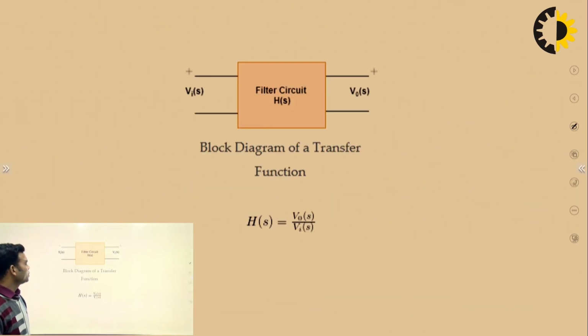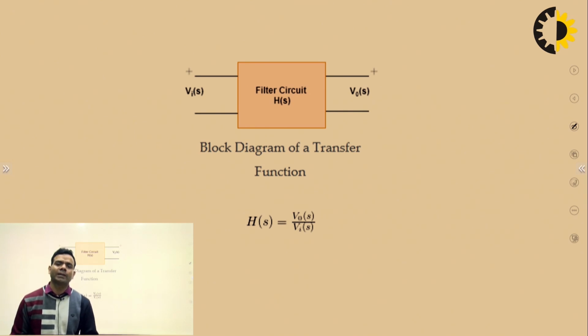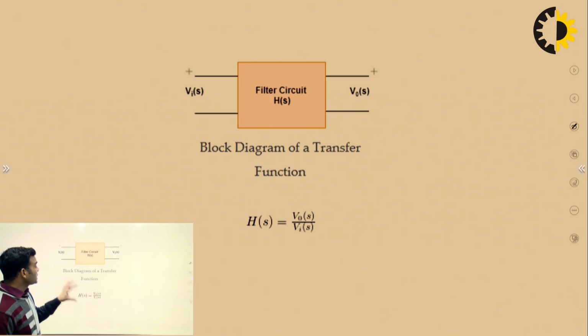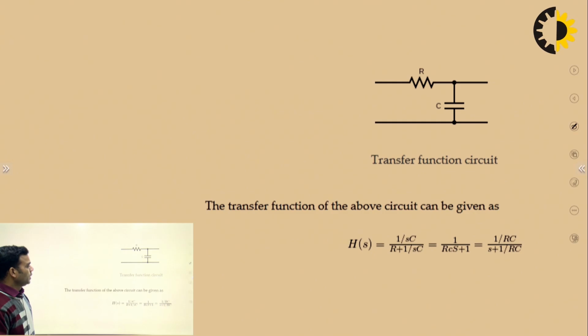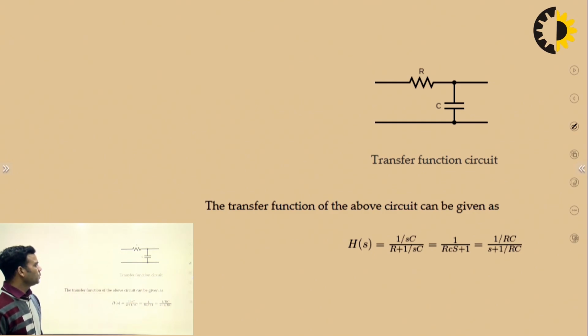So, to find out the response of the filter, actually we are going to find the mathematical response of the filter. In this case, there is a circuit, and for that circuit we are interested in finding the transfer function. Transfer function is nothing but the ratio of output upon input.